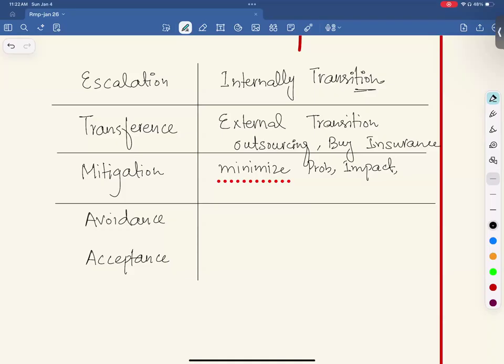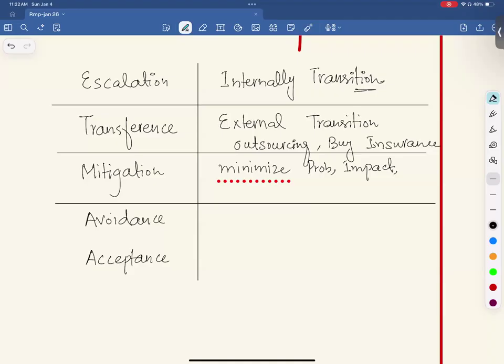What is this? Is it mitigation? Okay. Doing activities in parallel fashion. What is this? I also think it's again mitigation. All of these are examples of mitigation.